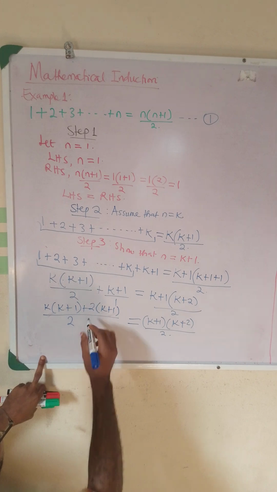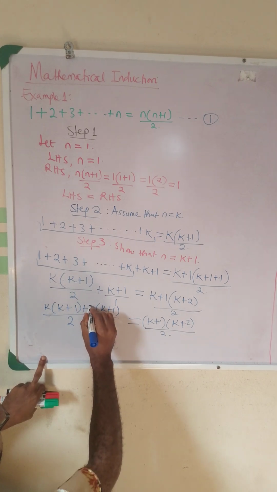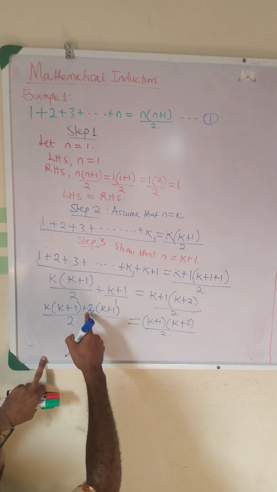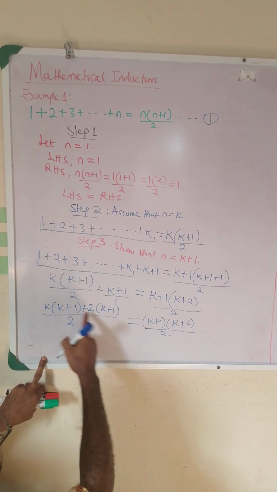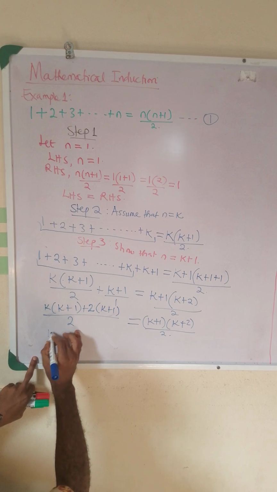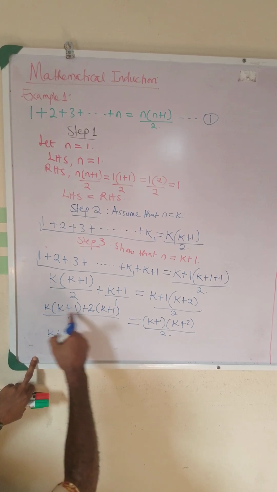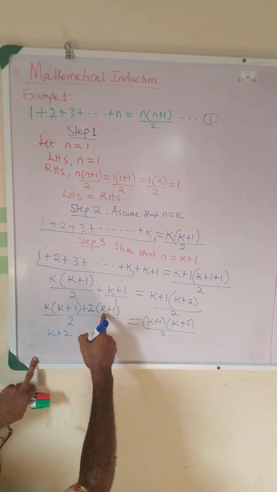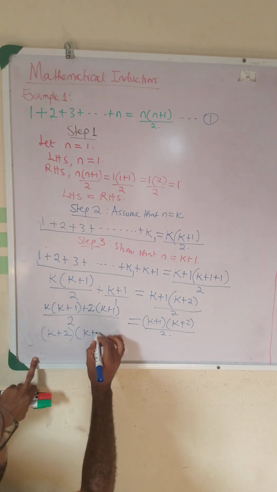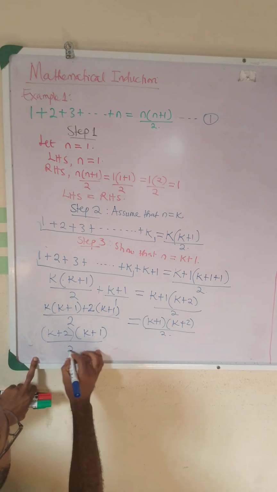Since here and here are the same, we can pick the outer one, k plus 2, and pick one of this. So we have k plus 2. And since we have this and this to be the same, we can pick one. So we have k plus 1 divided by 2.